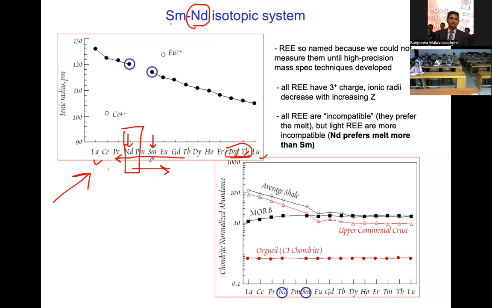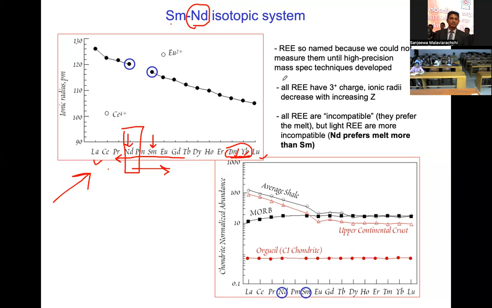If you can remember this rare earth element plot, you can easily remember that the daughter is more incompatible than the parent. This can be easily recognized. And I think those who are doing advanced igneous petrology know about these characteristics of rare earth elements.